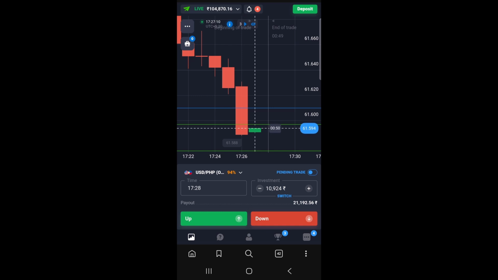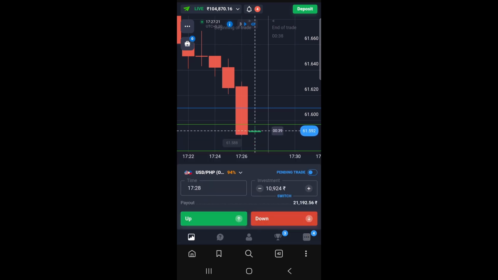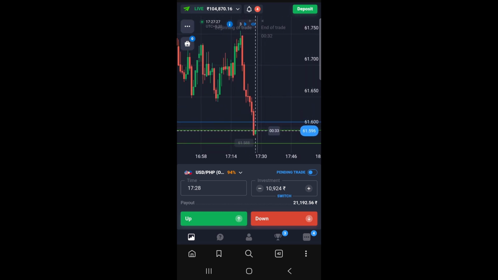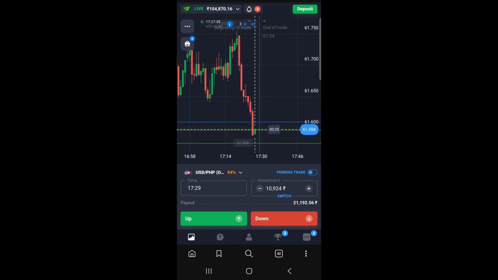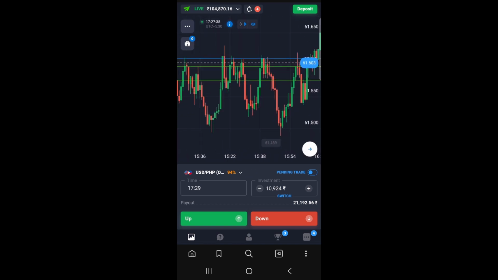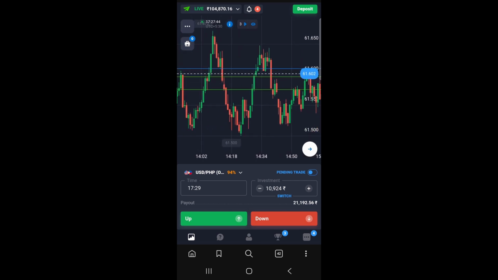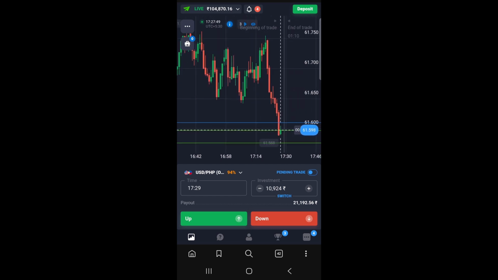I will place a trade in the next candle, because this candle already formed as a Marubozu candle, that's why I will analyze.